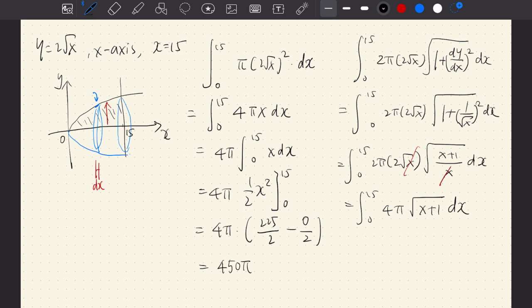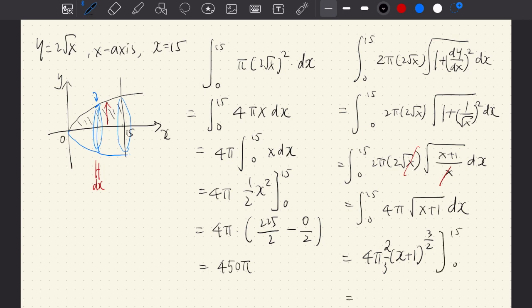Now we can use substitution, or you can use the eyeball method to see that this should be equal to x plus 1 to the 3 over 2, times 2 over 3, from 0 to 15.